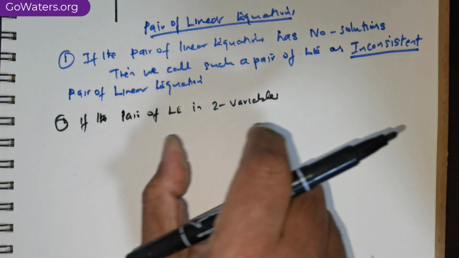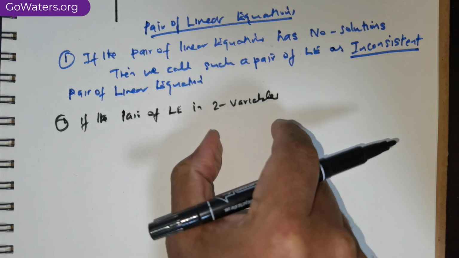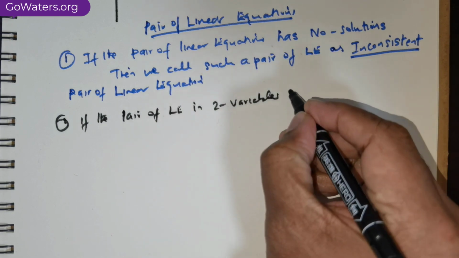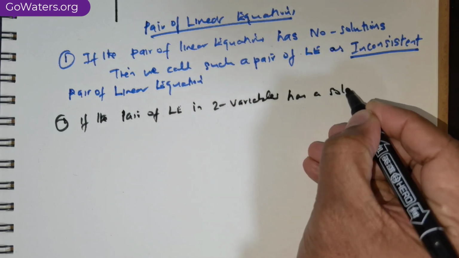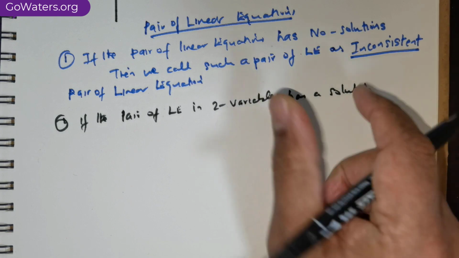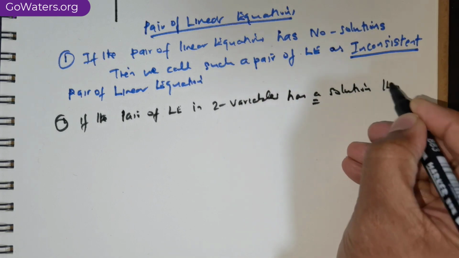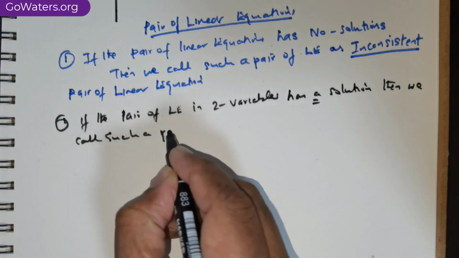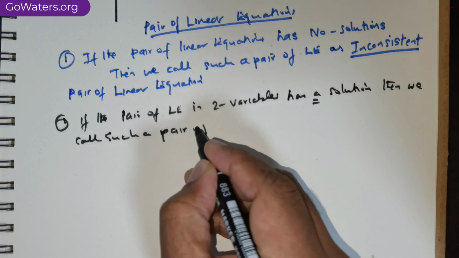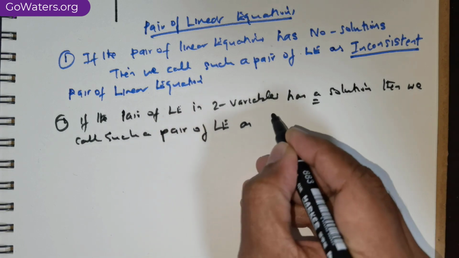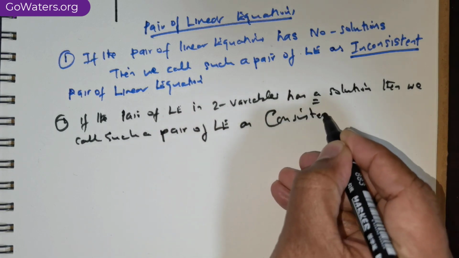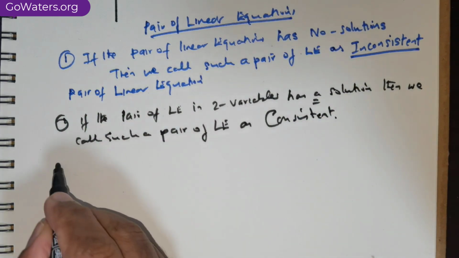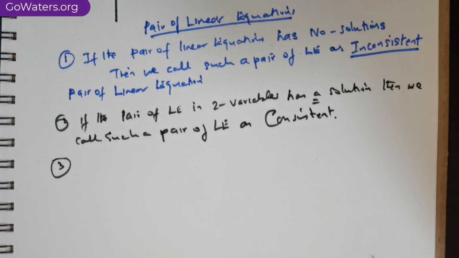Remember that we are only dealing with linear equations in two variables. Now if the pair of linear equations in two variables has a solution, then we call such a pair of linear equations a consistent pair of linear equations.